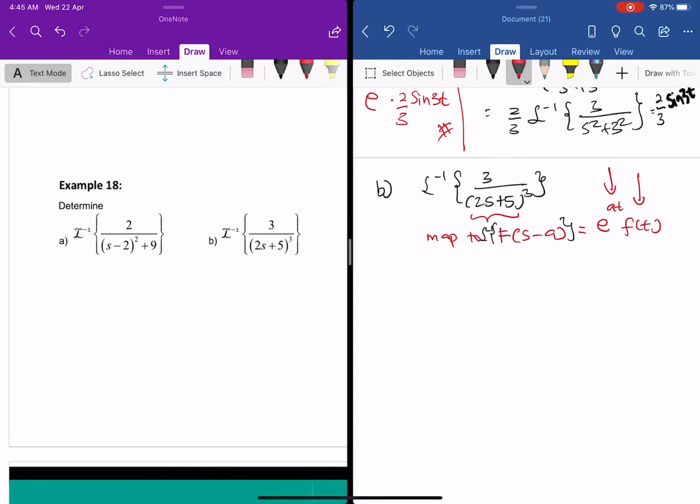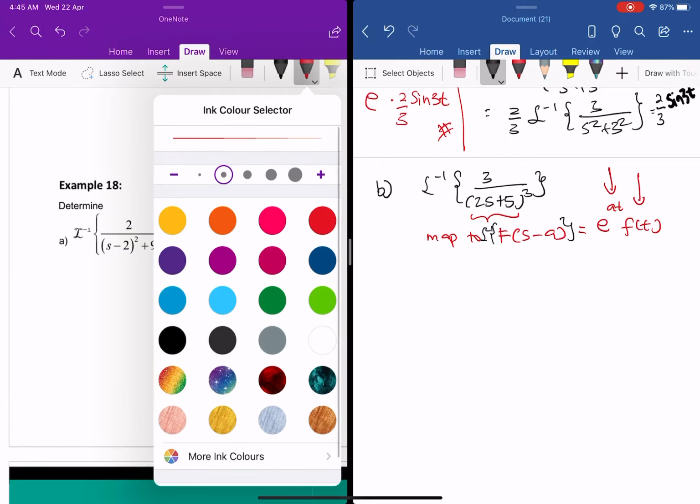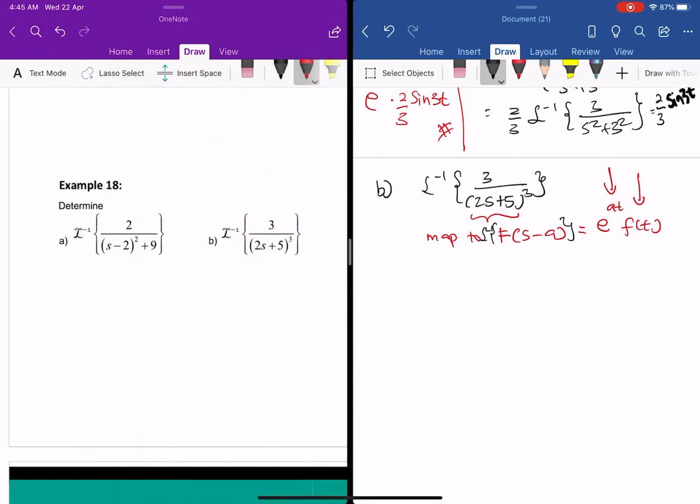But look at the difference between example A and B in my notes. In example A, you are lucky because you already have the s minus 2. Why? Because when you map to s minus a, s is s and a is 2, so no need to modify here.